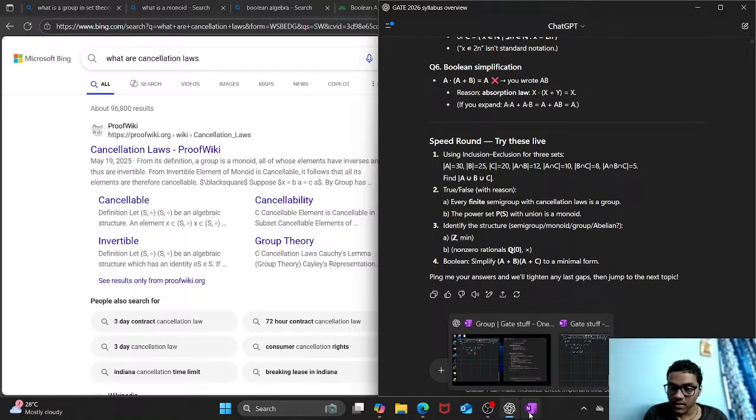Okay, we have understood what a semigroup is.